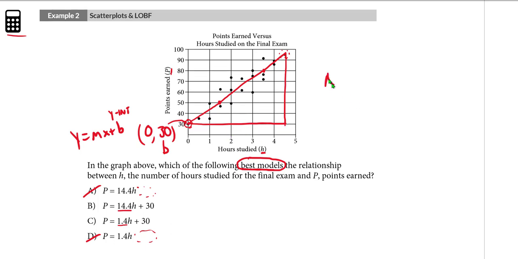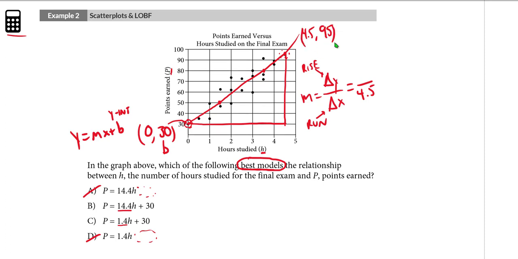So my run, let me do this, delta y over delta x, that's change in y over change in x, that is my slope. My run is going to be the denominator. So again, just to be clear, rise and run. Okay, so in the denominator, that's 4.5. Numerator, what am I going up to there? 95. I should probably write the coordinates of that point, 4.5 comma 95.